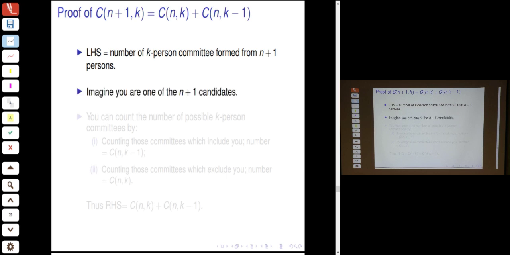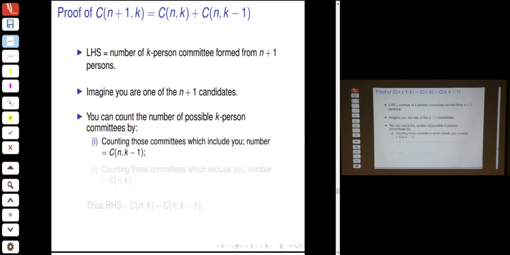Now let's imagine each one of you is one of the n plus 1 candidates. You count the number of these k-person committees in two cases. First, you count those committees which include you.